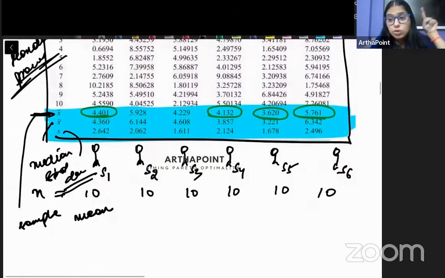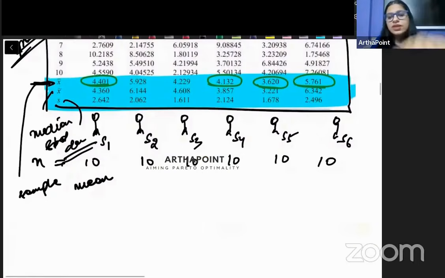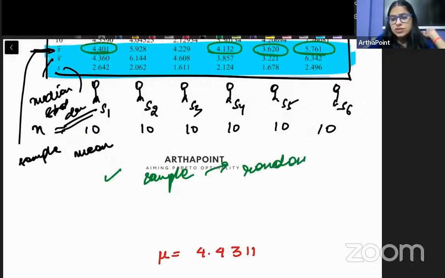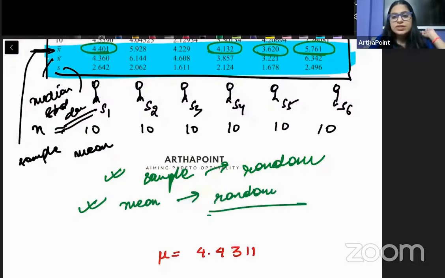So not only each sample is different, but also the sample mean that is collected is very, very different. So we can say that yes, collecting sample is a random process. The data points of the sample are random in nature, but not only that, the sample mean is also random in nature, right?